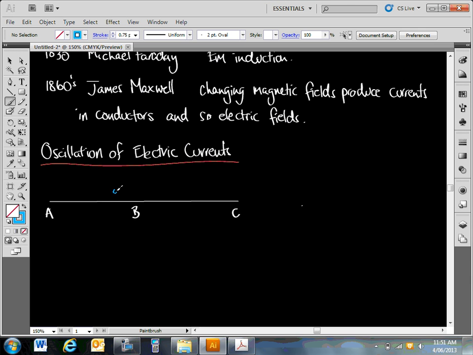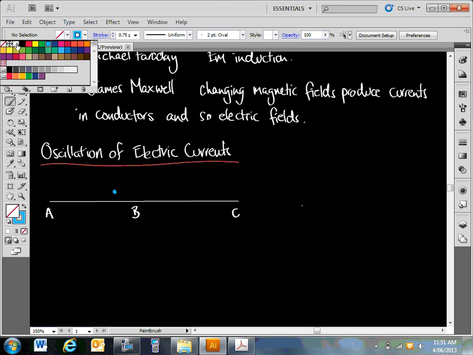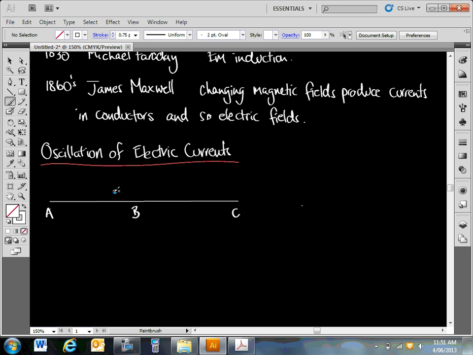We'll just look at one. In fact, it's probably never one, actually. We'll just imagine that it is one electron, and the electron is oscillating backwards and forwards down this wire.